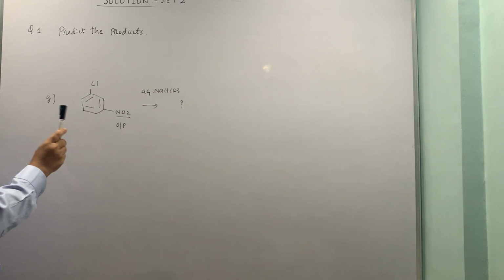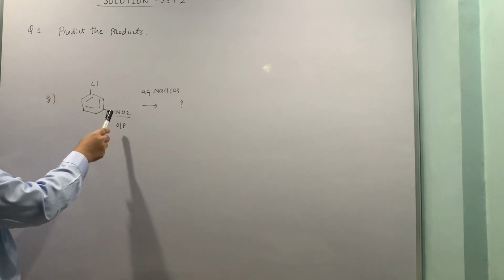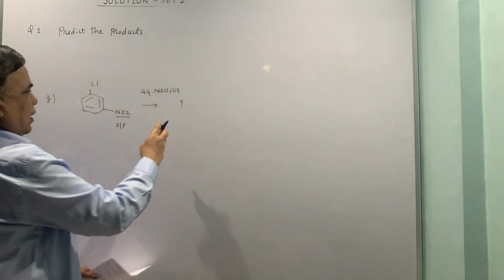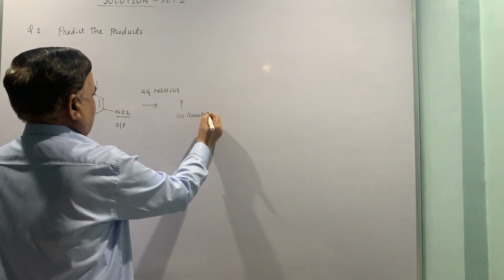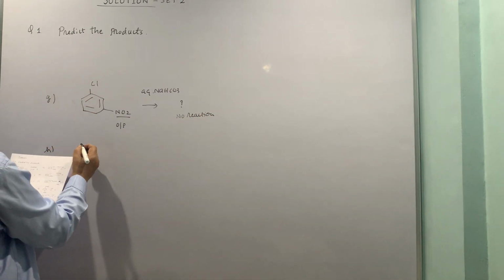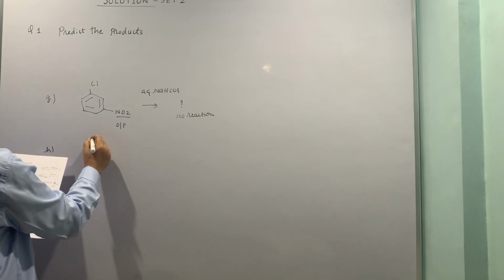The reason is the same, the corresponding Meisenheimer intermediate will be more stabilized when your halogen is at ortho and para with respect to NO2. Since it is meta, there will be no reaction. That is the answer.